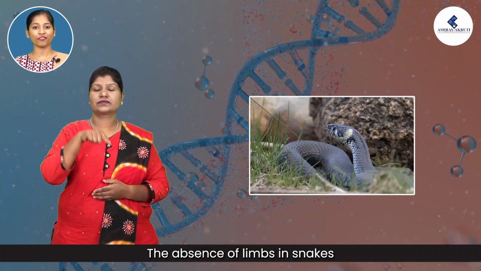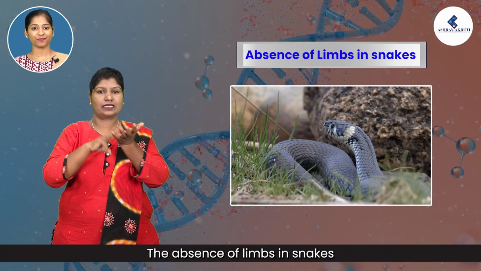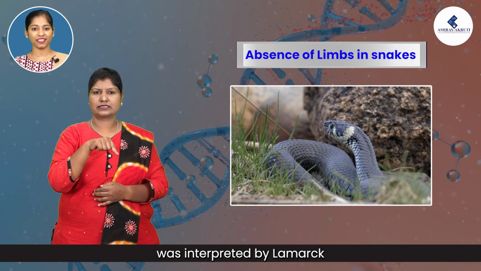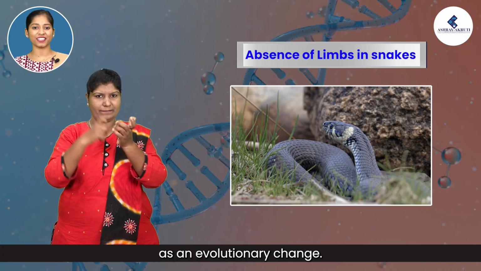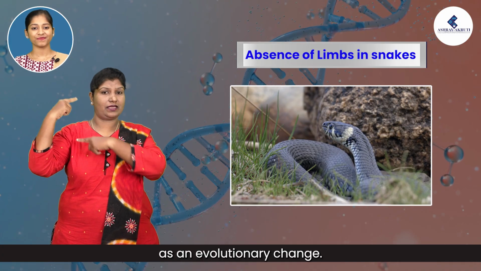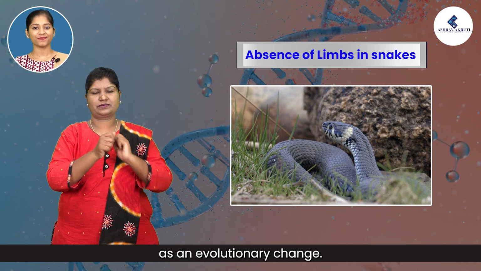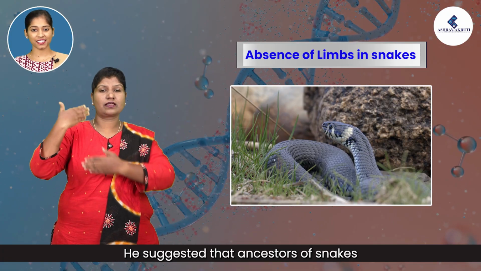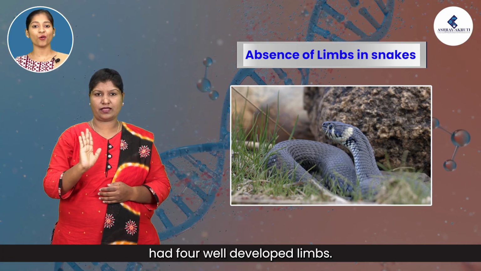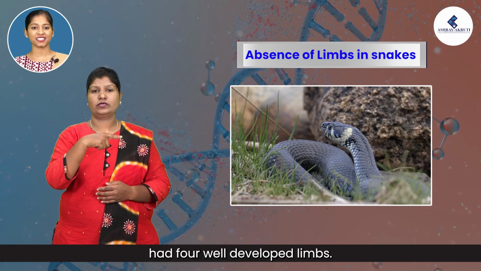The absence of limbs in snakes was interpreted by Lamarck as an evolutionary change. He suggested that ancestors of snakes had 4 well-developed limbs.